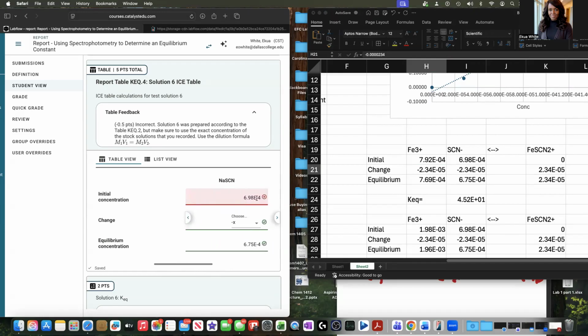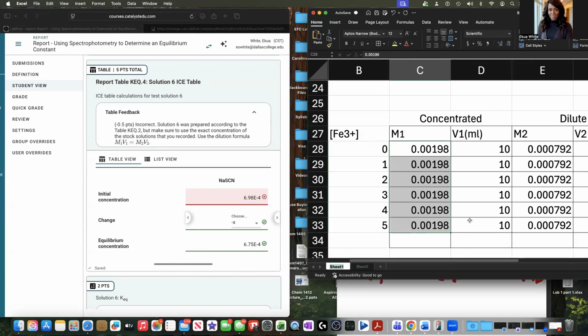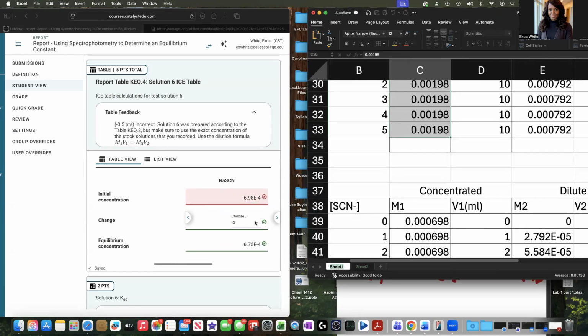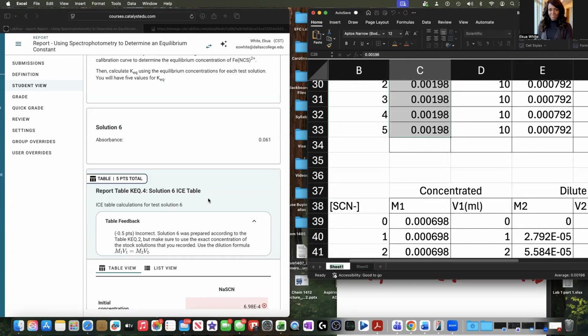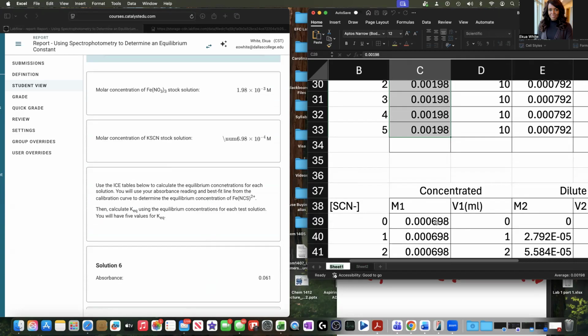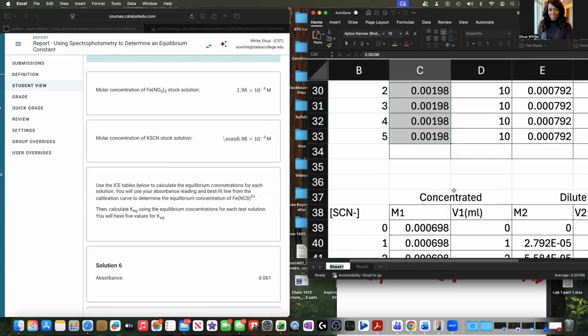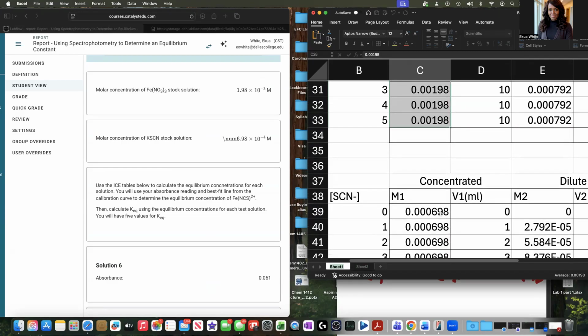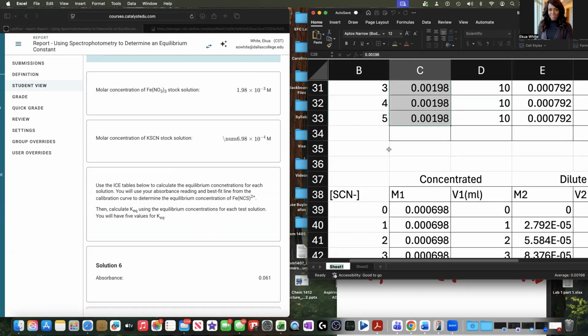Then this one here would have to be the diluted version, which, I know, is a lot to keep up with. The concentration here was, they gave me 6.98 times, but I have to do, this is the M1. This should be correct then, right? 6.94.